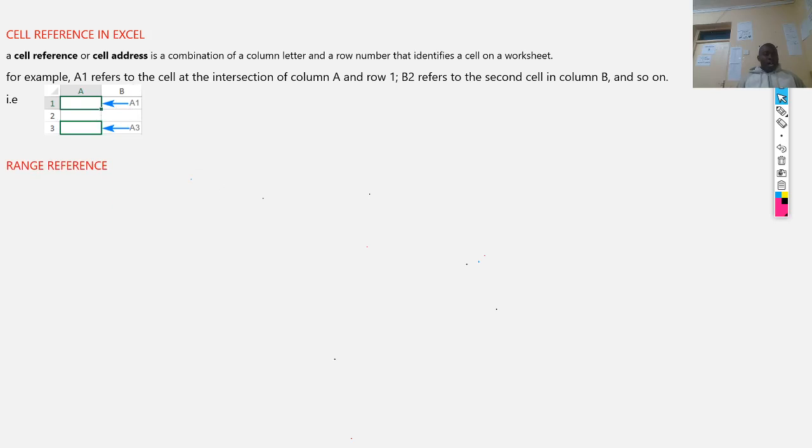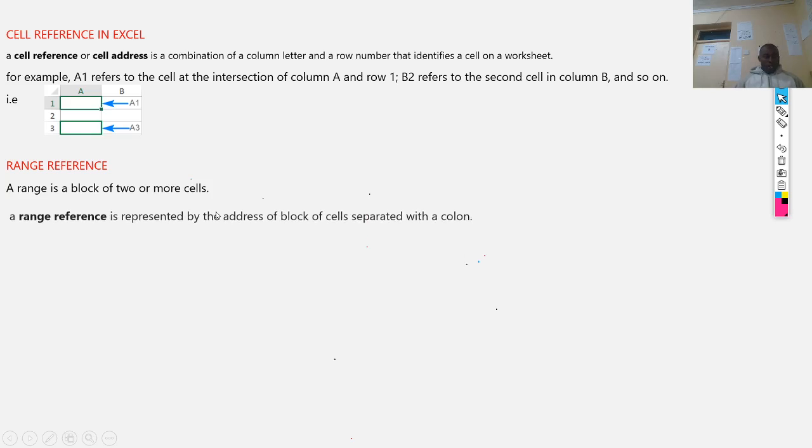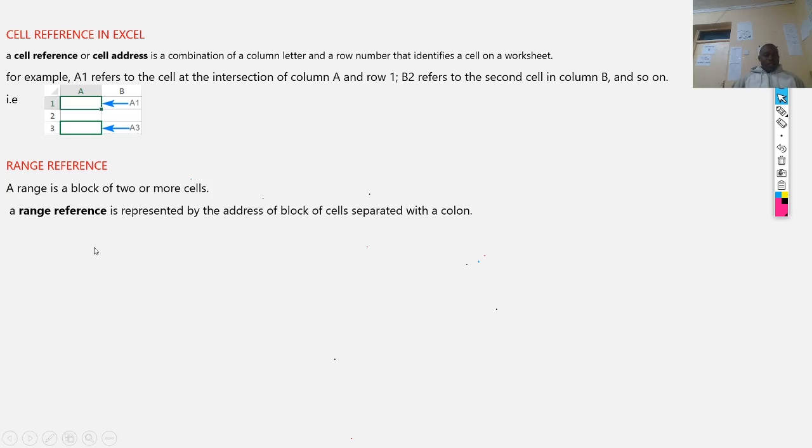Let's talk about a range reference. First of all, you need to know what a range is. A range is a block of 2 or more cells. A range reference is represented by the addresses of a block of cells separated with a colon, referred from the top left to the bottom right of the block.